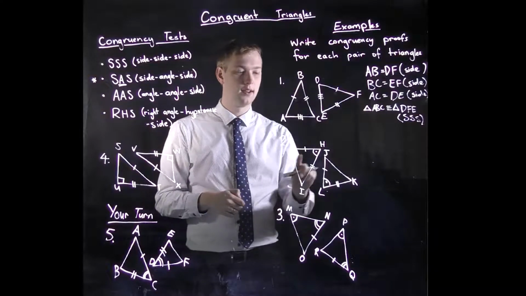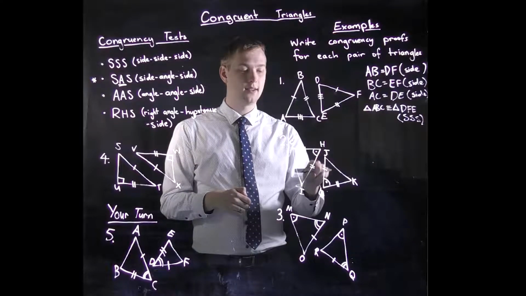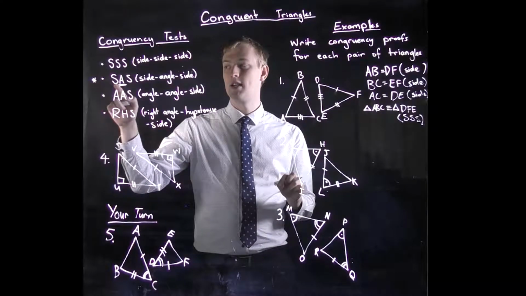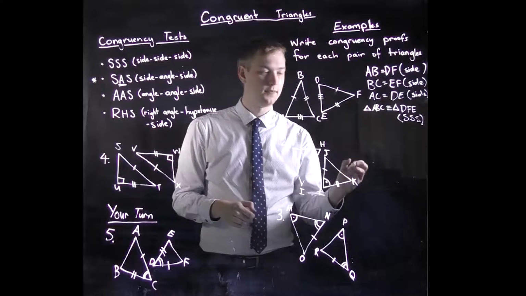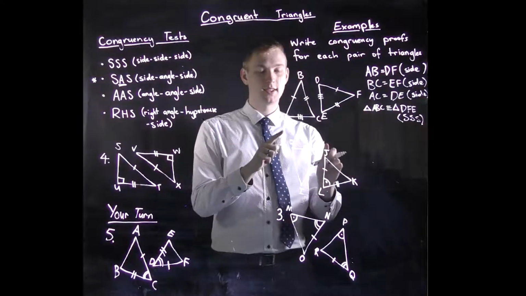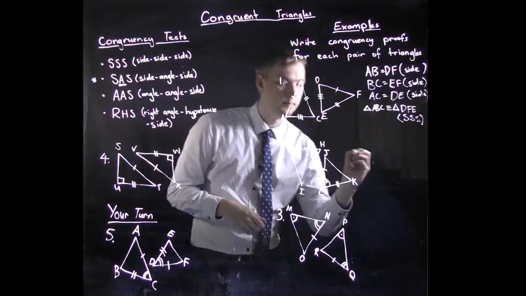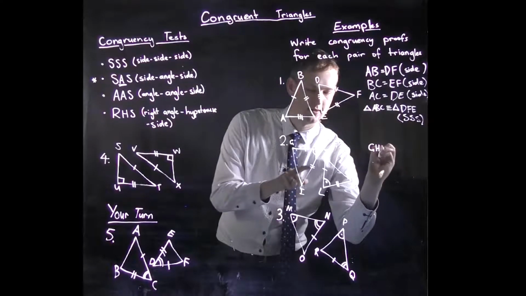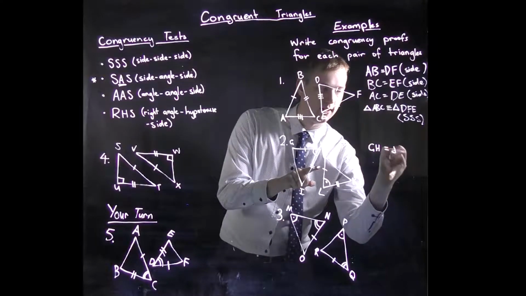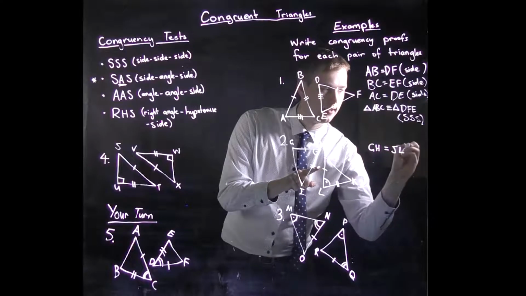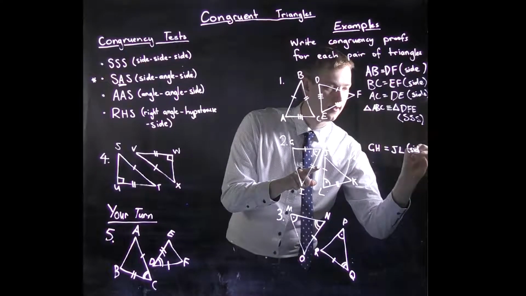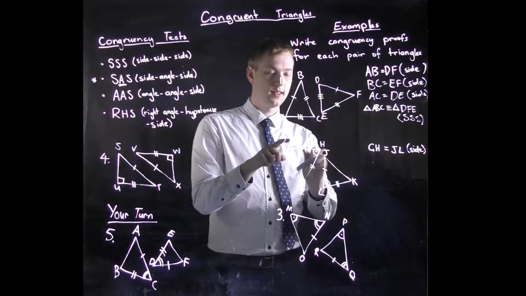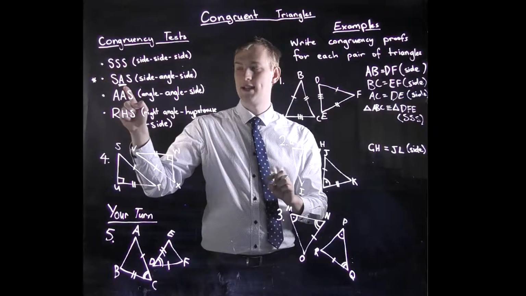Next, we move on. And we see that we have a side and then an angle, then a side. Now it's important, as I said before, that the angle's in the middle. We're going to use this rule: side, angle, side. So I will write it out. I'm not going to explain it in as much detail, so just follow along with me. So we have GH equals JL, and then side. Then our angle, because we want to follow the pattern here, so we're going to go angle.